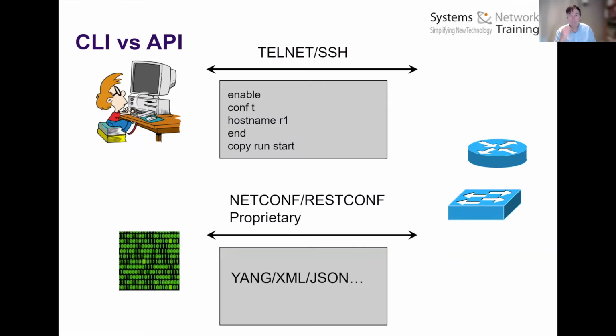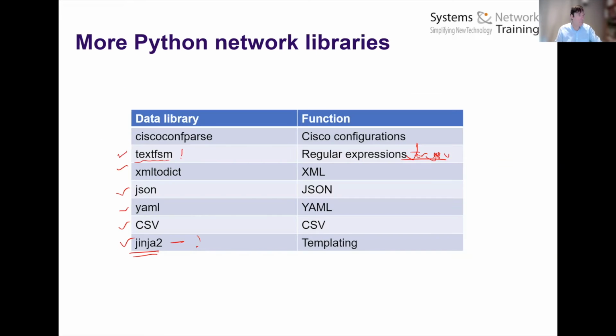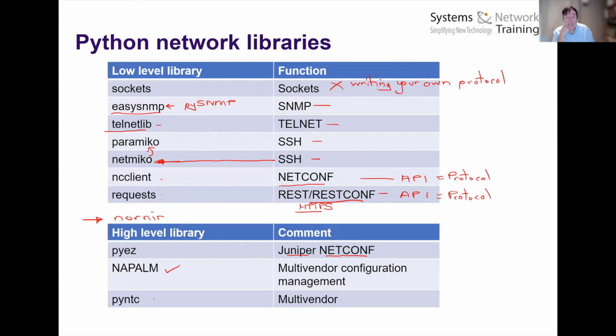Steve, we've got a question that's come in the Q&A. If you use a high-level library like NAPALM, for example, do you need the low-level ones? Yes, is the answer. That's a good question.